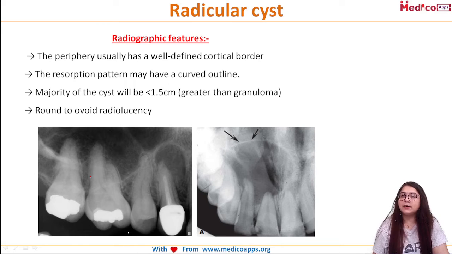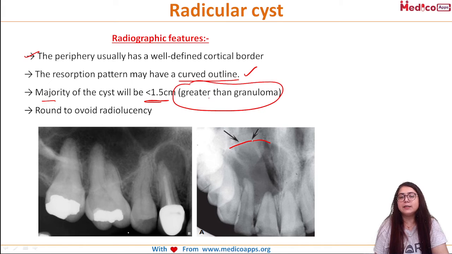Now we are coming to the radiographic features of radicular cyst. So the periphery is usually well defined or corticated. You can see here the white rim, right? The resorption pattern may have a curved outline in cases of radicular cyst. Majority of the cysts will be less than 1.5 centimeter, which is generally greater than granuloma.